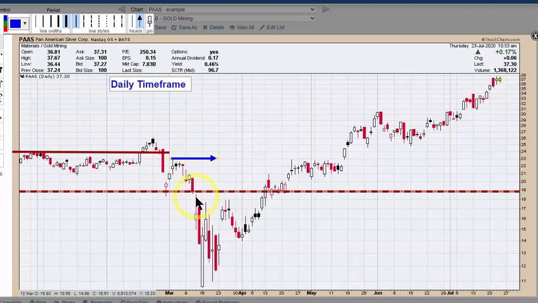Okay? So you're in the trade and you're winning. Another candle. Big plunge. But you haven't done anything with your short or your stop because there hasn't been a swing high. So it comes up, you get another big candle, you get a swing high, you set your stop.